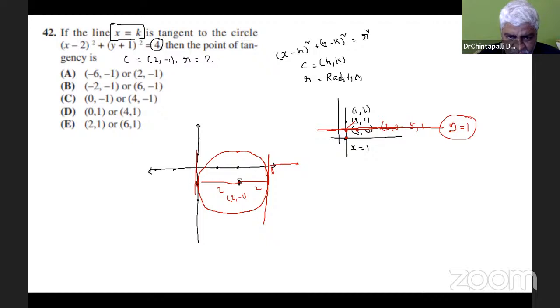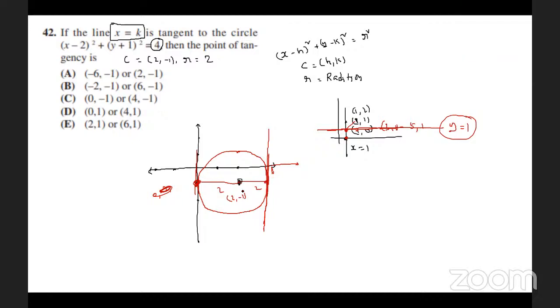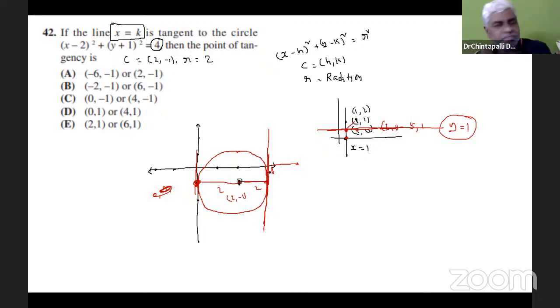The center is 2, -1. The coordinates of this point are 0, -2. Can you tell its equation simply? We need y equals negative 1. It is 2 steps to the right side. What are the coordinates of a point which is 2 steps to the right? 4, -1.